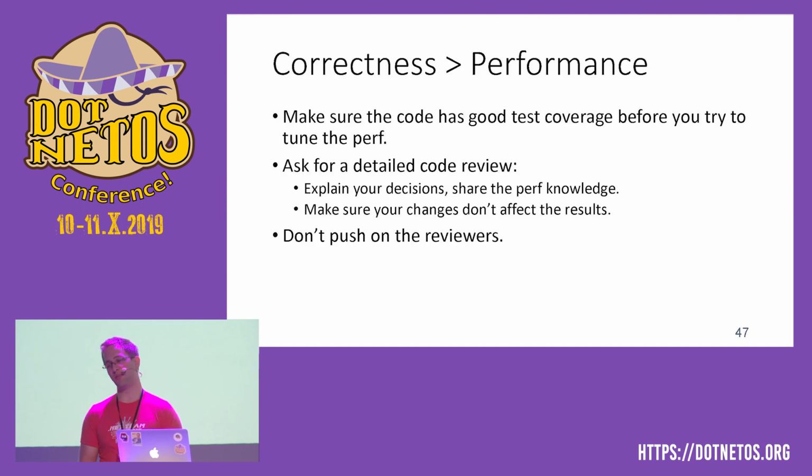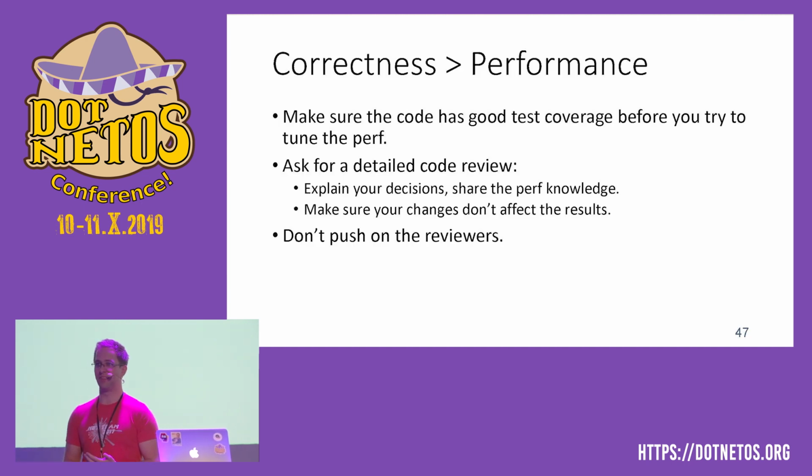The next step is to prepare unit tests. So before we change any code, we need to make sure that we have good test coverage, because we live in a world where correctness is much more important than performance. So first of all, we need to have the tests, and then we can start editing the code.